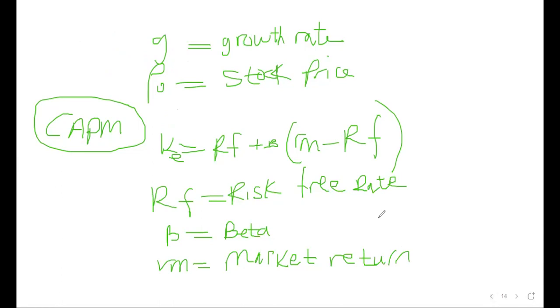This is beta, then RM minus RF. This one is called the market risk premium.